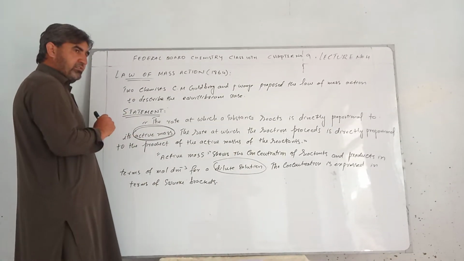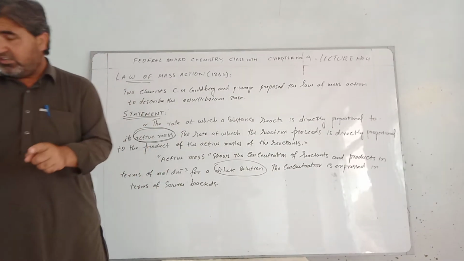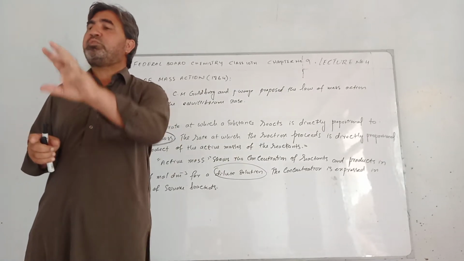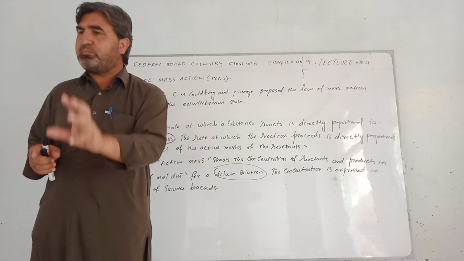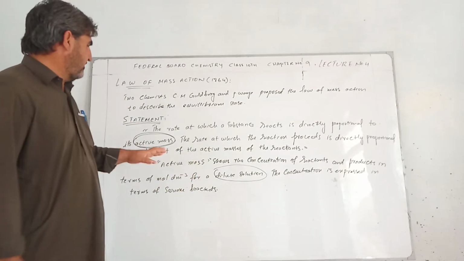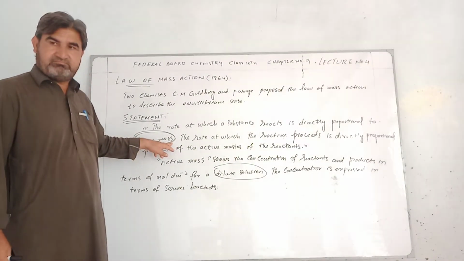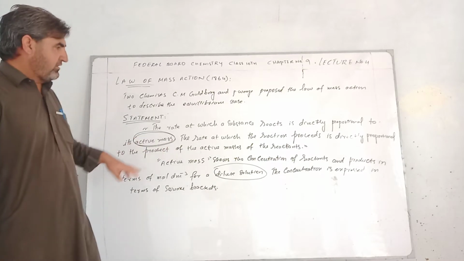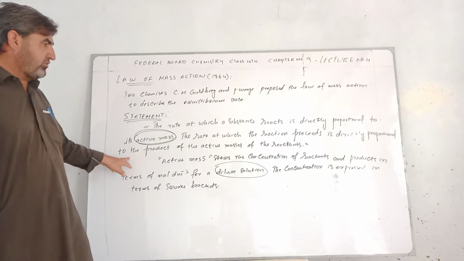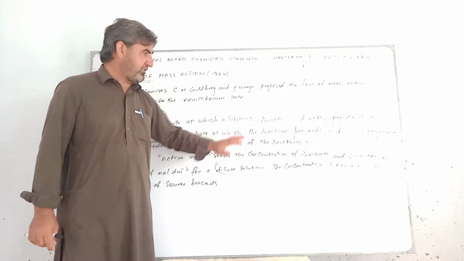Now, the statement: the rate at which a substance reacts, here the rate also means the speed, is directly proportional to the active mass. The rate at which the reaction proceeds is directly proportional to the product of the active masses of the reactants.